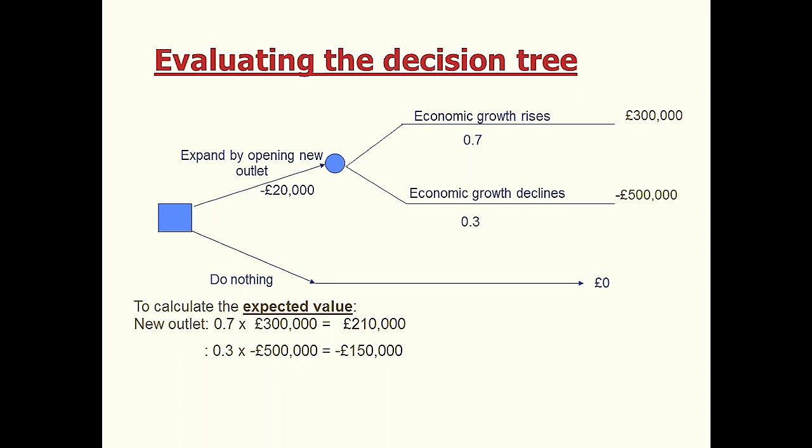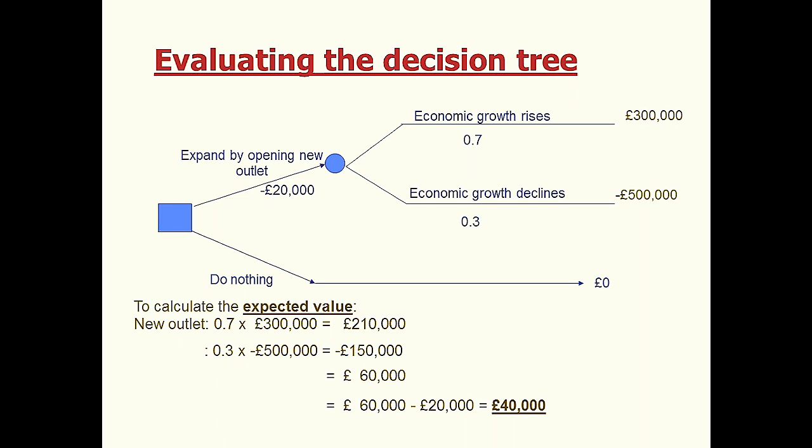But now because there is an initial outlay in this example, what we do is deduct that initial outlay from this expected income of 60,000. So 60,000 minus 20,000 gives us a value of 40,000. So in this case, the expected value of opening the new outlet will be 40,000.